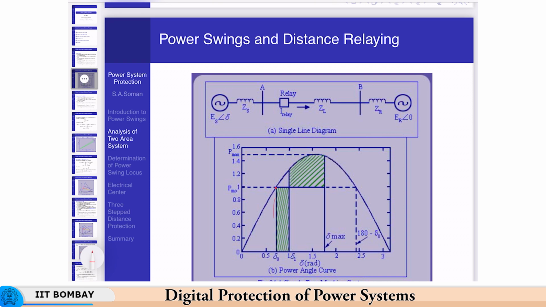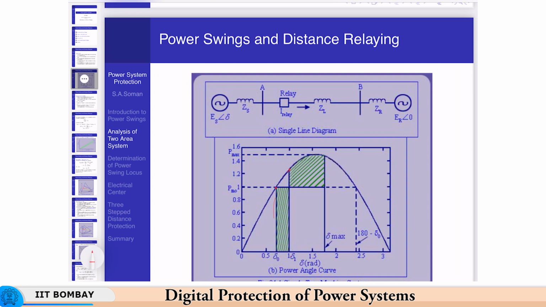And then once the fault is cleared, the operating point will shift from 0 power to some point here. Okay. But now what happens is the electrical power here is greater than the mechanical input. Okay. So, the rotor which was accelerating now will start slowing down.